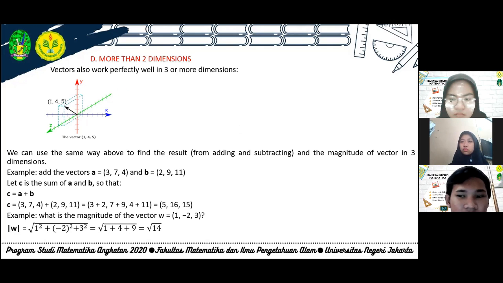For example, add vector A equal to 3,7,4 and vector B equal to 2,9,11.